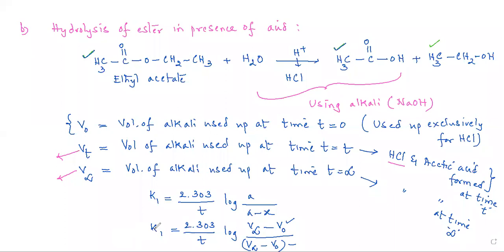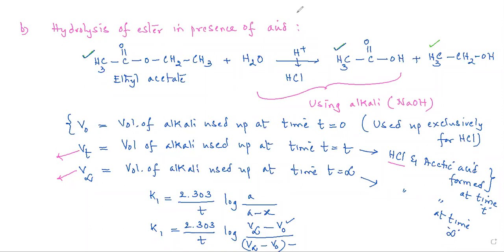X can be given as, I mean, Vt is the volume of alkali used up at a time t is equal to t. That actually gives the amount of ester that has reacted. But that includes two things. One is HCl, the other one is acetic acid.